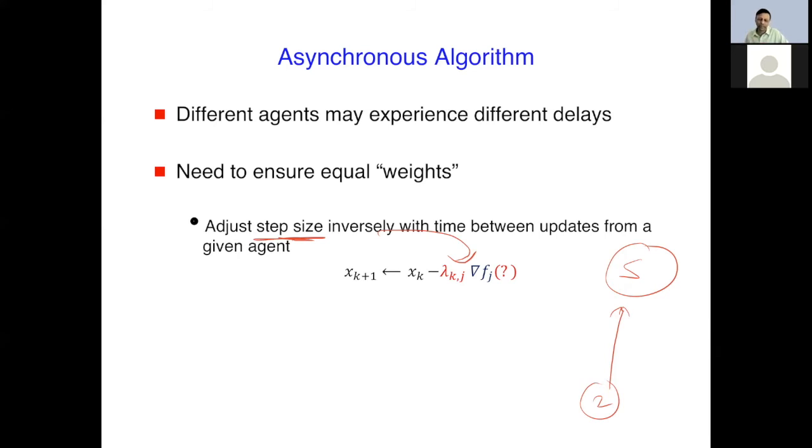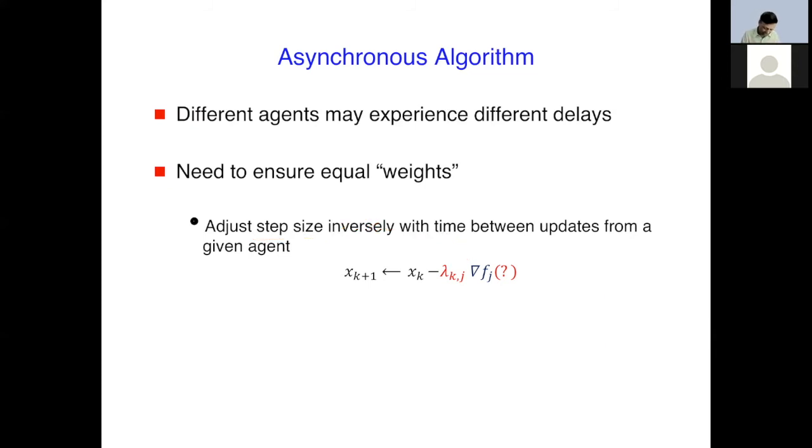And then I'm going to use a step size that varies. If a long time has elapsed, then I want to make the step size larger, not inversely. In a sense, if I'm hearing from you less often, every time I hear from you, I need to give you more importance. So the step size should scale with how much time has elapsed since I heard from you.